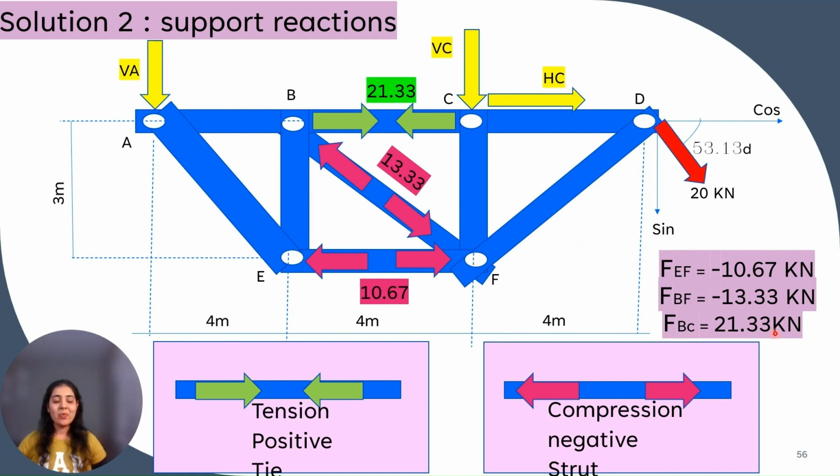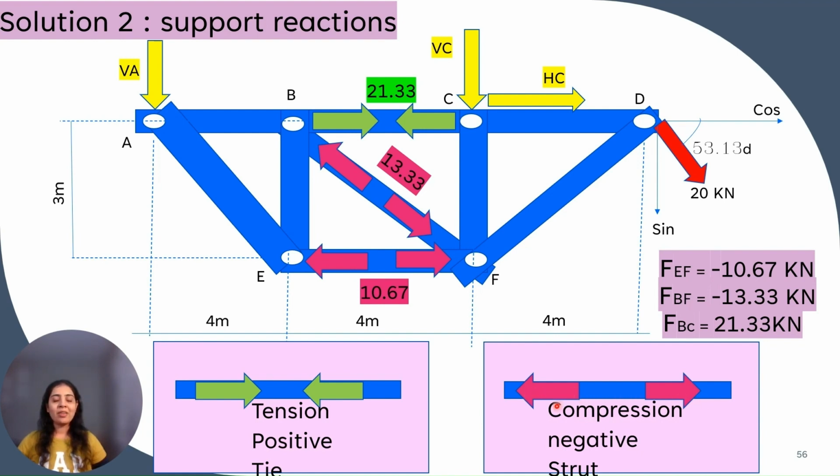And now we have to show them in the final diagram. So let's remember the sign convention for truss members. It is tension, that is positive, if arrows are acting towards each other, and if it is negative, it is compression, that is arrows are acting away from each other.